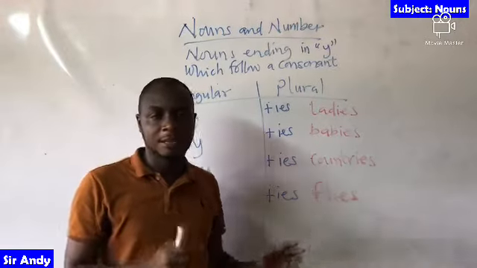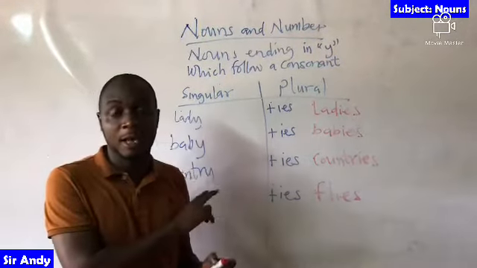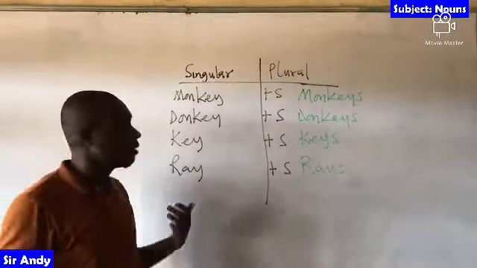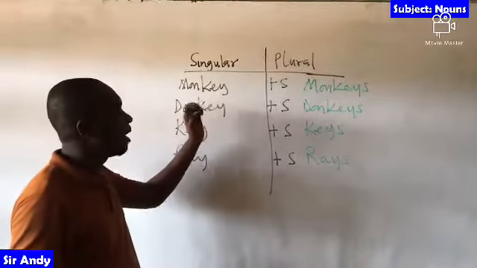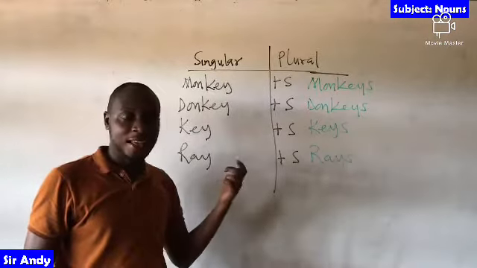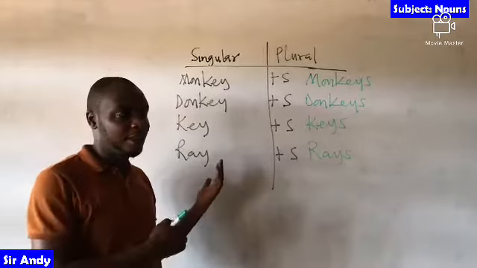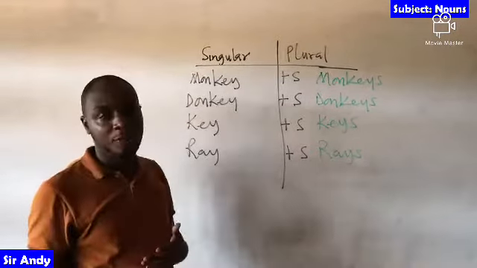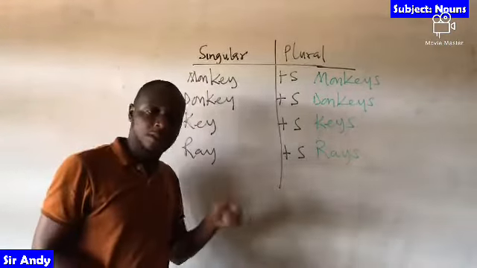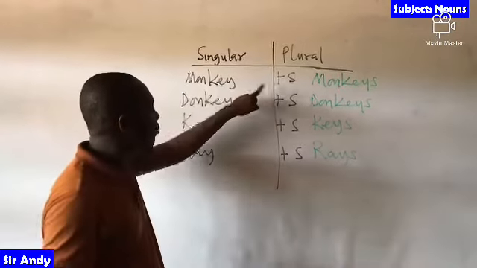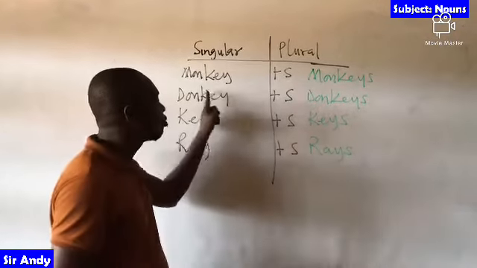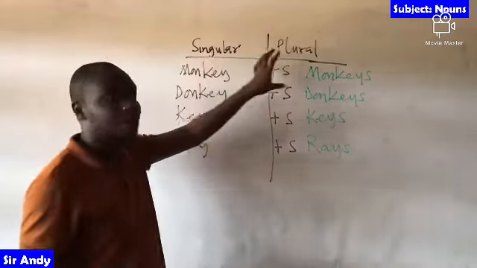So let's take a look at an exception to this particular rule. We just learned that if a y is coming after a consonant, the y is taken away and ies is added. But if the y is coming after a vowel sound, we don't take away the y, but only add the suffix s to change it from the singular state to the plural form.